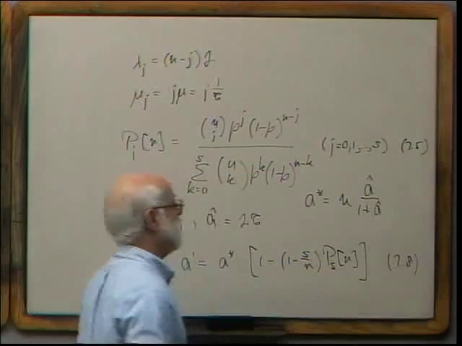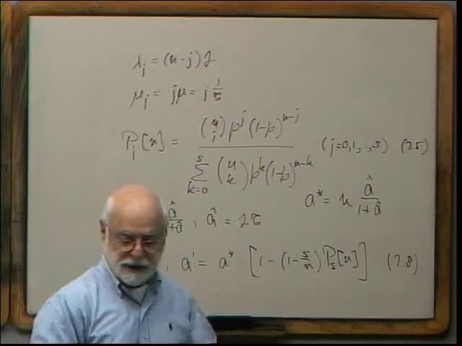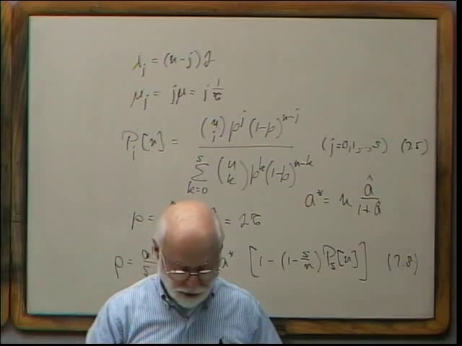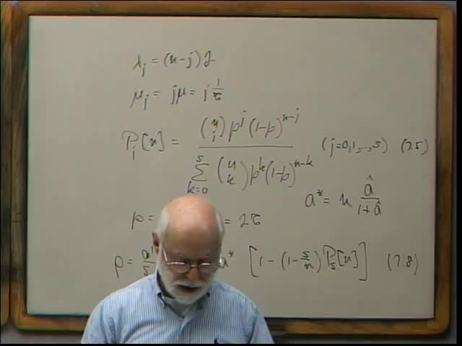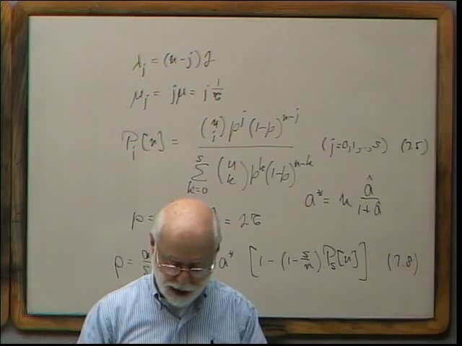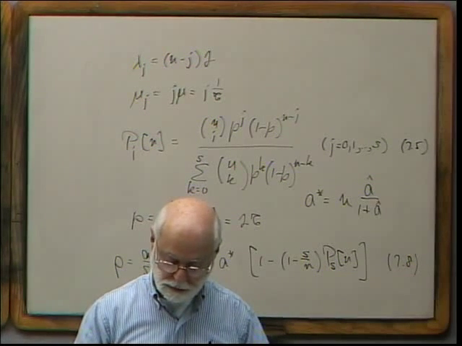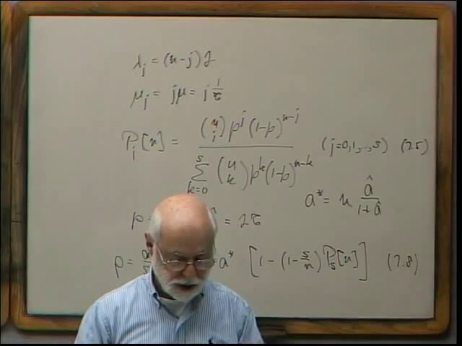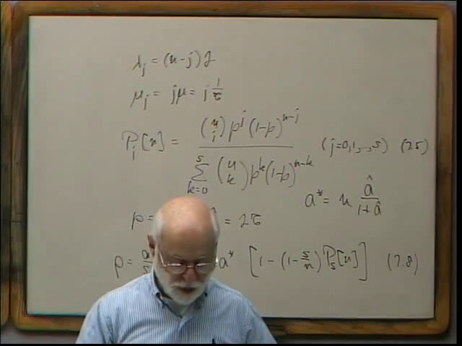So that's the formula for the intended offered load, and that's given in the book somewhere. In fact, I think it's given in the beginning of the chapter. It's equation 5.2.